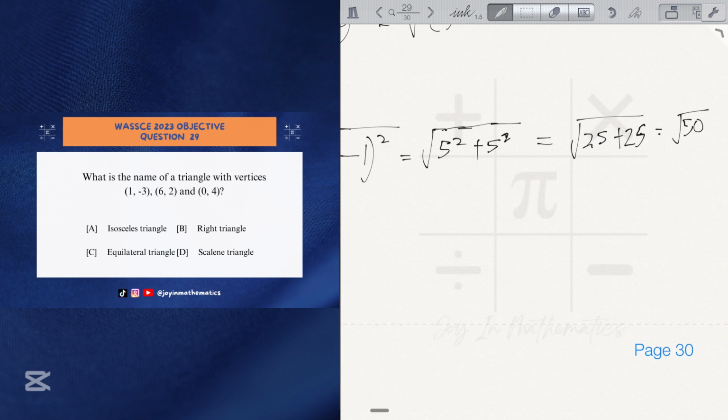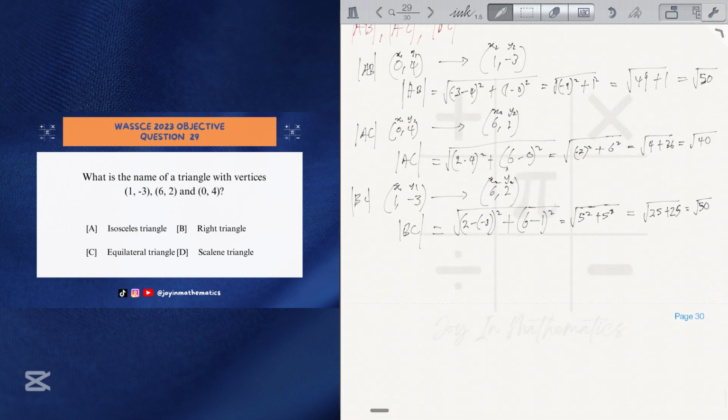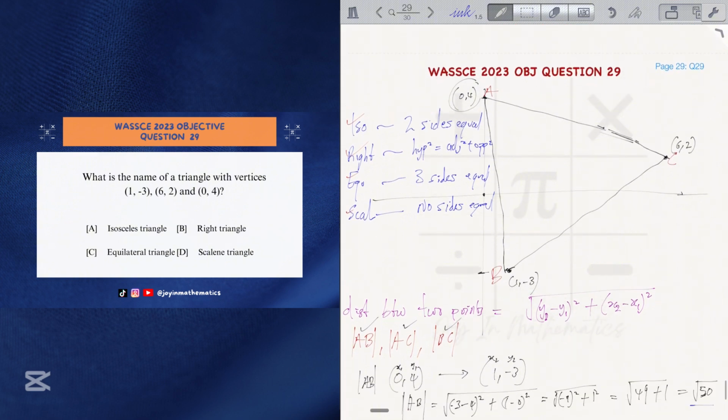Root 50. Now what do we observe? We have root 50 occurring twice. If we go back to the definition, an isosceles triangle means two sides are equal.